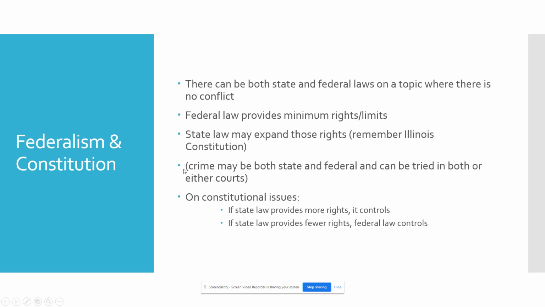So say you have a kidnapping charge, there can be federal kidnapping charges. If the feds take the case first, then they take the case. But if they choose not to, the state prosecutor can bring this kidnapping charge. On constitutional issues, whichever law provides more rights will control.